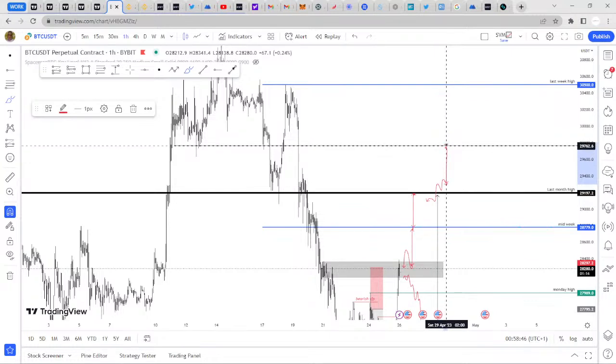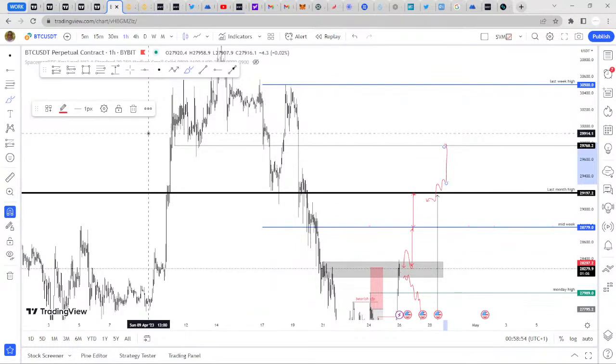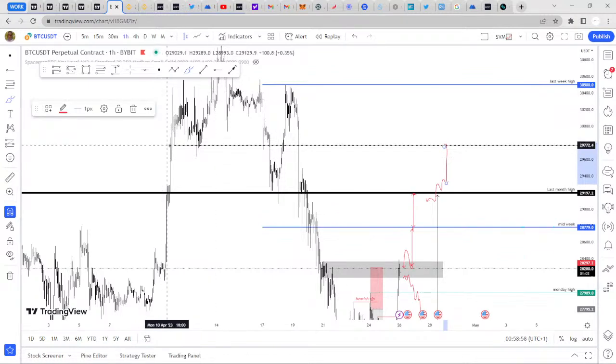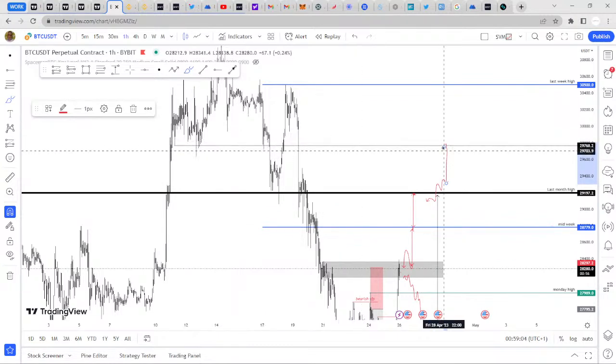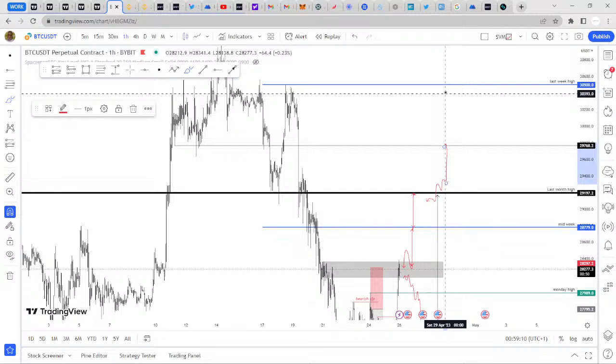Because if you look back, we tested, pushed up a little bit but broke back down below. Same here, retested, pushed up, right? So this is an area of value. This line area is an area of value. So it's most likely traders will take profit in this area. So take profit 1 here, take profit 2 here, right?